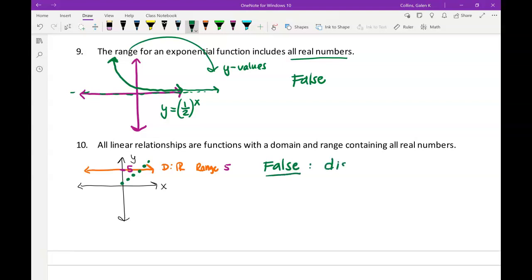We could think of a discrete function. So discrete functions do not have a domain or a range of all reals. So I'm going to say all real numbers. I'm going to use that symbol that kind of looks like an R that's double outlined.